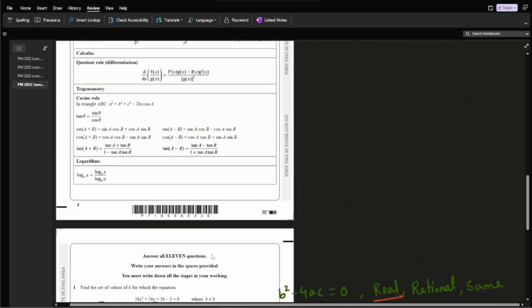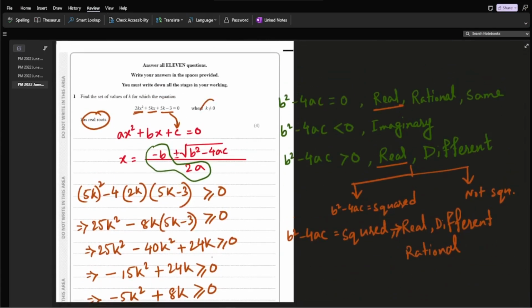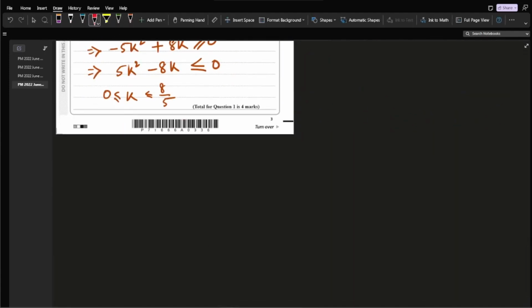Now in the question it said k is not equal to 0, so we have to eliminate this equal sign right here, so our answer is 0 less than k less than or equal to 8 over 5. This is our answer.